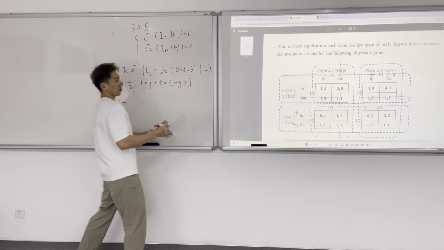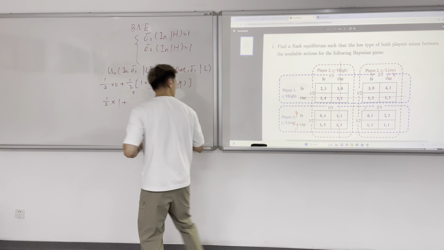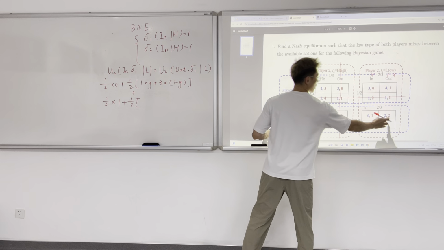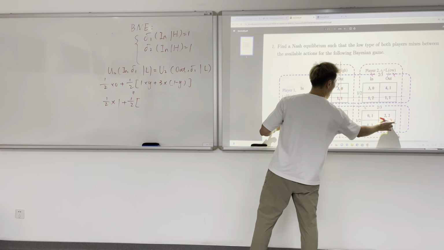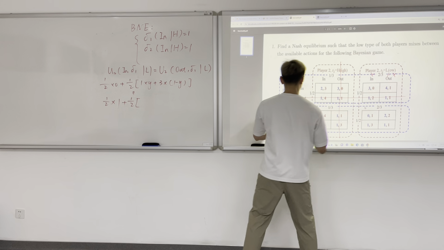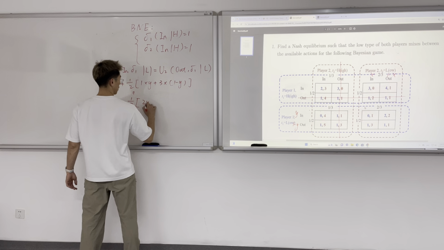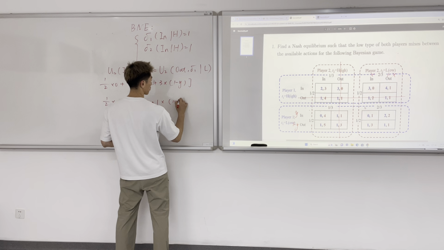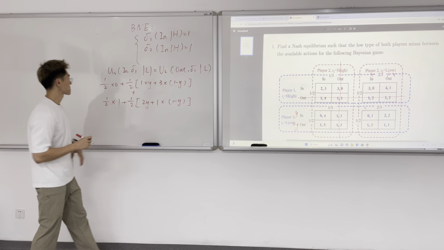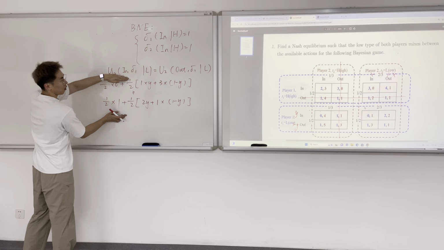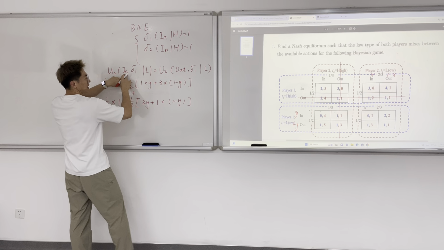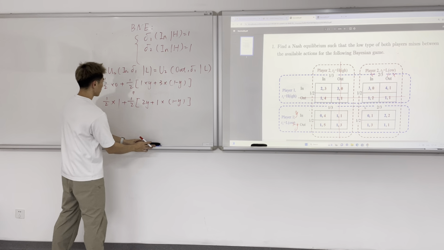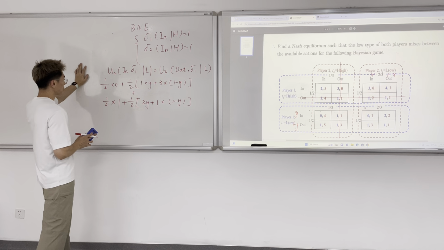But also a half possibility to meet a low type player, and in this case, by playing out will give you 2 times y payoff plus 1 times 1 minus y, right? And they must be equal so that player 2 will be indifferent between playing in and out. This will be the mixed strategy. So let's try to solve the equation.